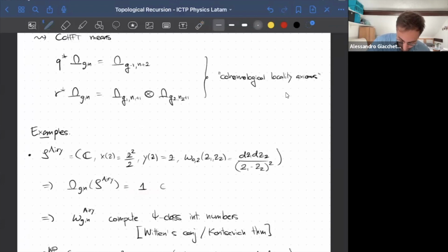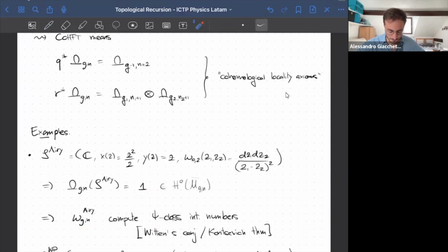So here, this is 1 in H^0 of M_{g,n}, which means that these omega_{g,n} computed from the Airy spectral curve compute only psi class intersection numbers.